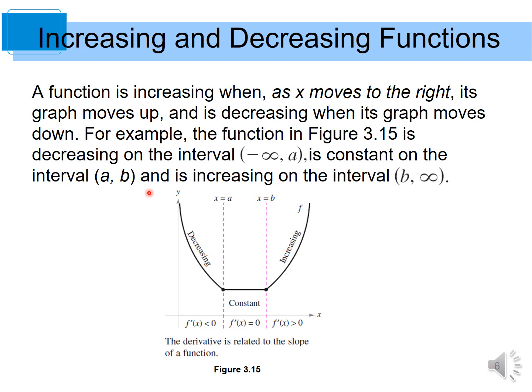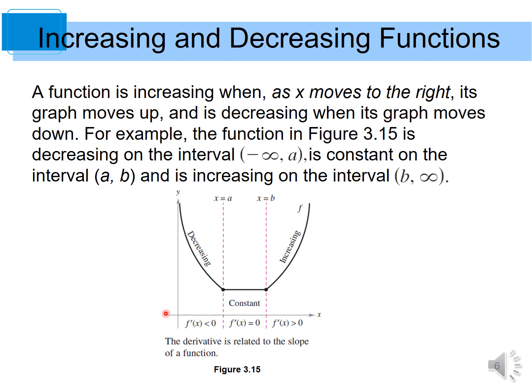A function is increasing when, as x moves to the right, its graph moves up, and is decreasing when its graph moves down. For example, the function below is decreasing on the interval from negative infinity to a.